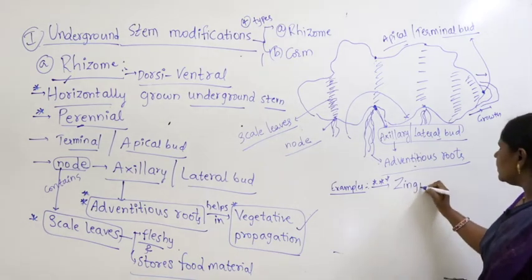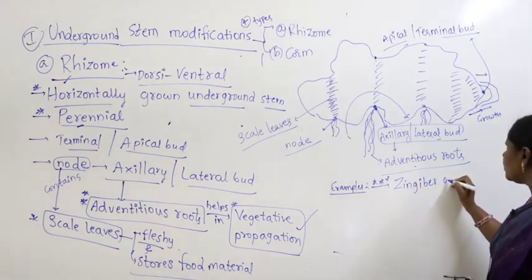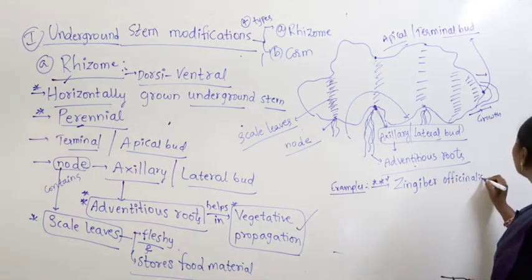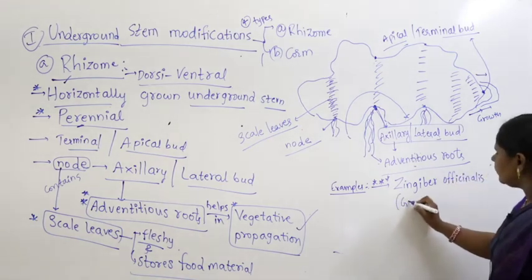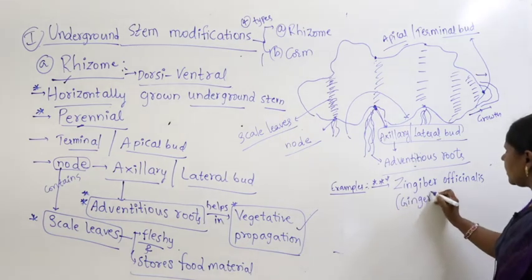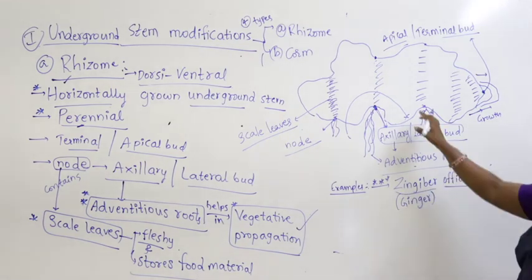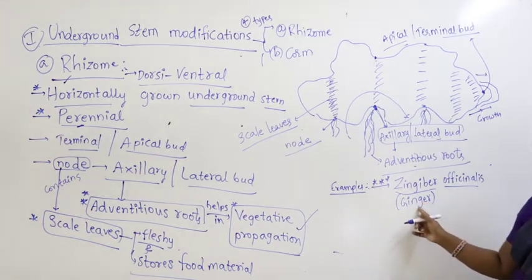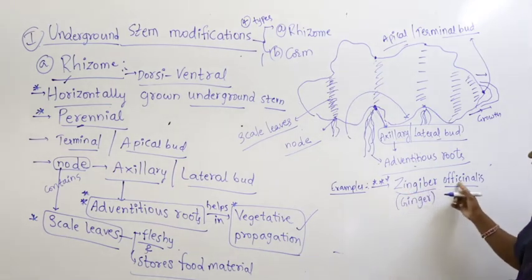We say Gingiber officinalis. This is commonly called ginger. The structure I have drawn is nothing but ginger. Ginger is the common name. What is the scientific name for ginger?